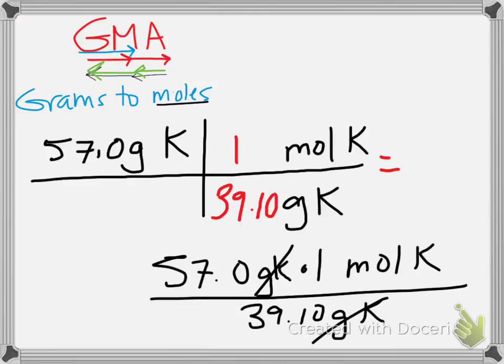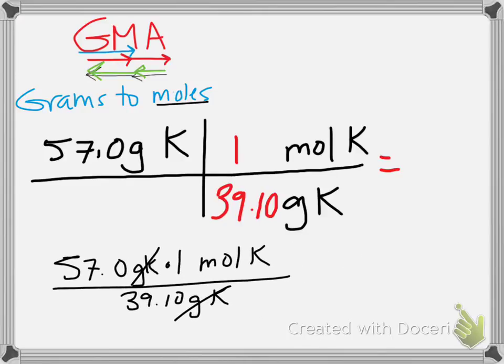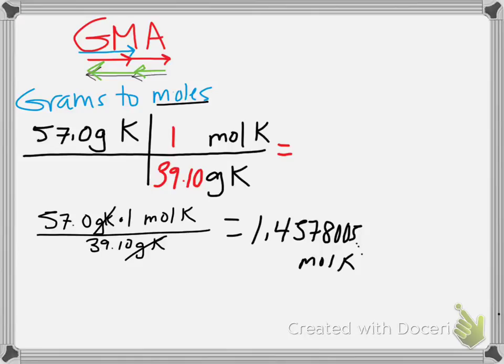What units are we left with? Moles of potassium. It's magic! And 57 times 1 divided by 39.10. Okay, so we get a raw answer. Remember that raw answer and sig figged answer. We get a raw answer of 1.4578005 moles of potassium. How many sig figs are we allowed to have?